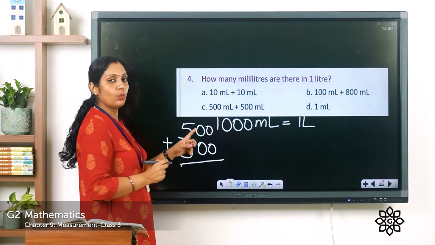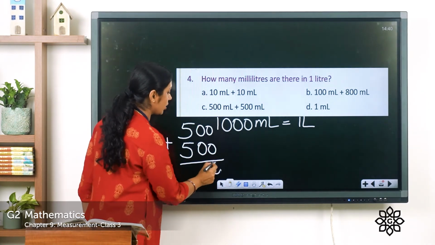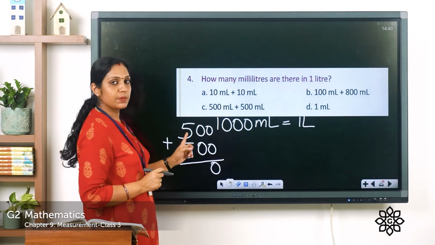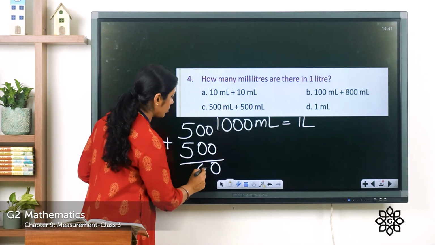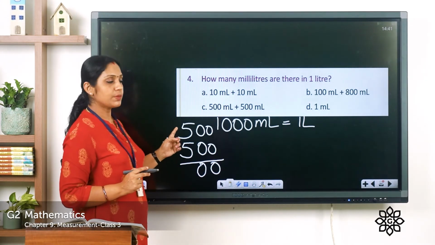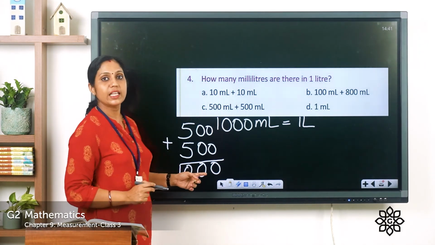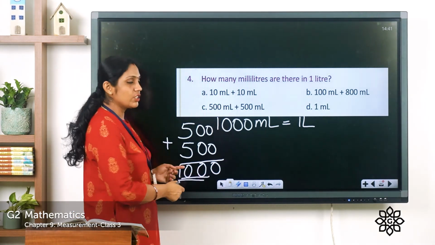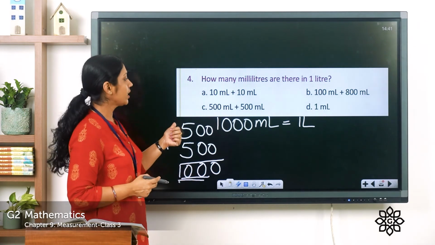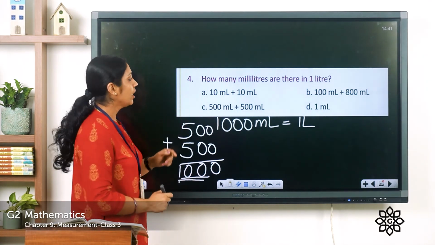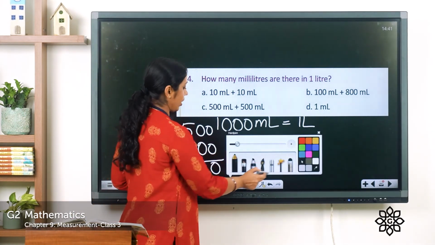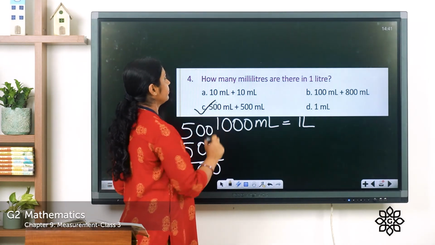Let's start from the ones position, 0 plus 0, 0. Second, in the tens place we have 0 plus 0, that is also 0. Next, move on to our hundreds place, 5 plus 5 is 10. So how much did we get? We got the answer 1000. Is our answer correct? Yes. So which is the correct option? Option C, 500 ml plus 500 ml is the correct option.